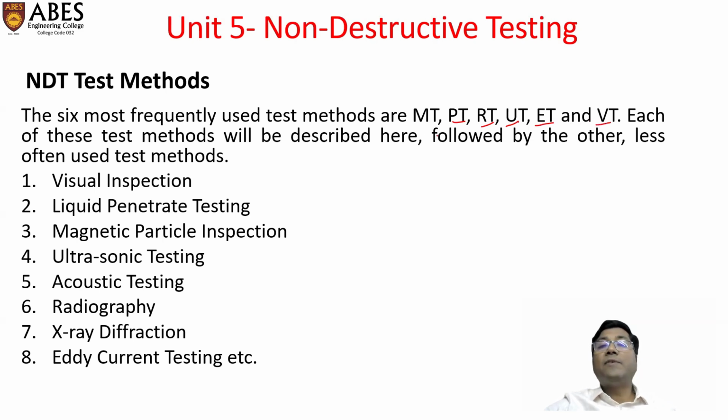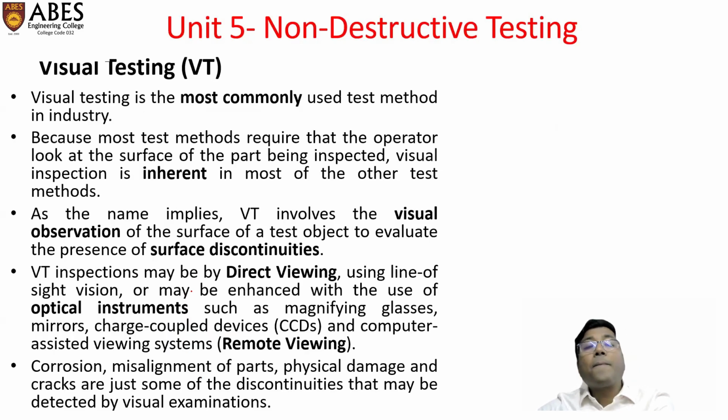Each of these test methods will be described, followed by the other less often used test methods as per the syllabus, that is acoustic emission testing and X-ray diffraction. These two have been added as per the syllabus, and the rest are the common techniques: visual inspection, liquid penetrant, magnetic particle, ultrasonic, radiography, and eddy current testing.